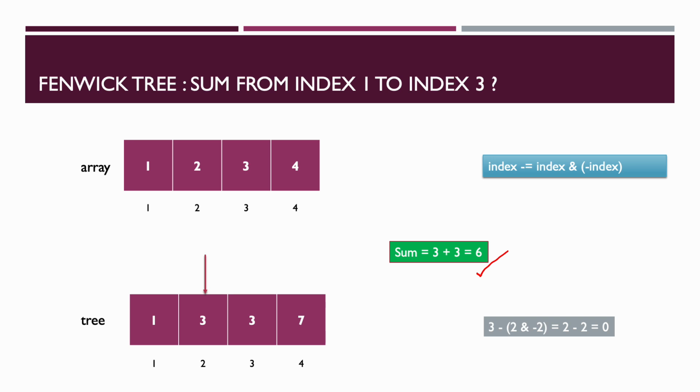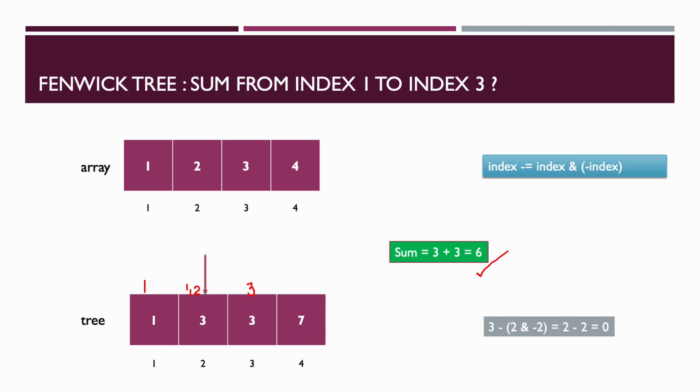So this here stores the sum of only one element, which is index 1. Now this stores the sum of two elements, which is 1, 2. Now third index stores the sum of just one element, which is 3.